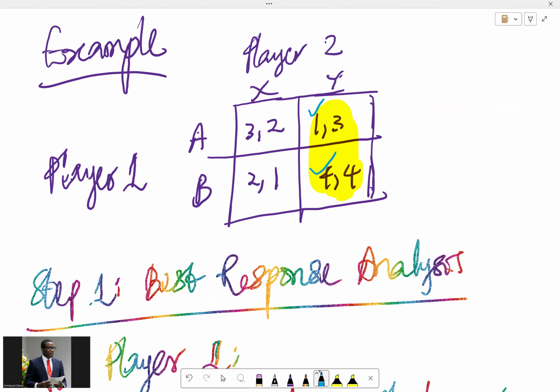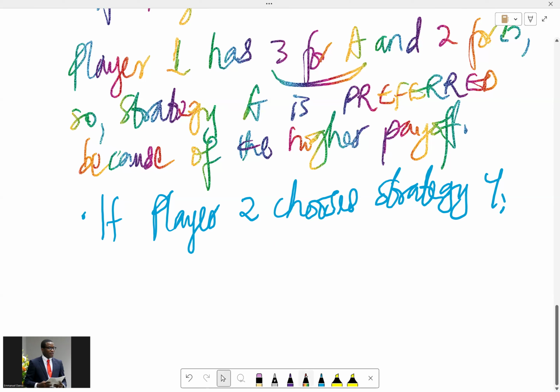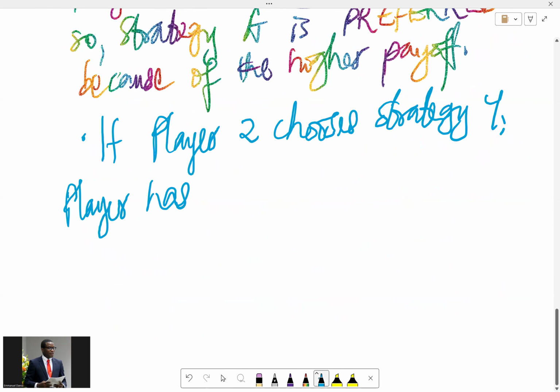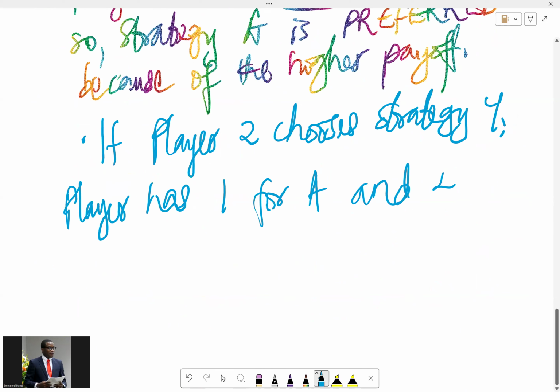So player one has one for strategy A and four for strategy B.